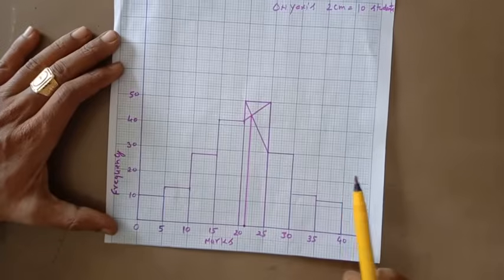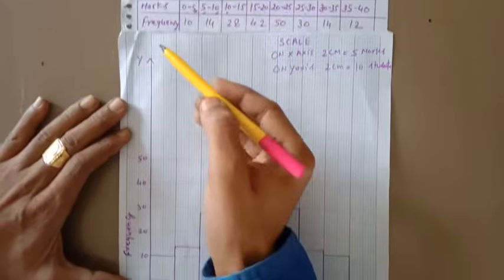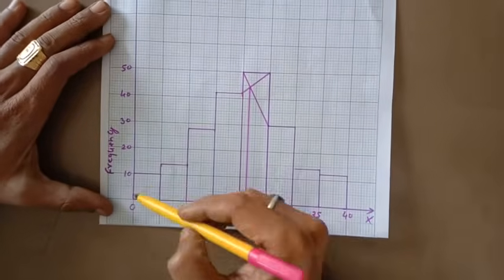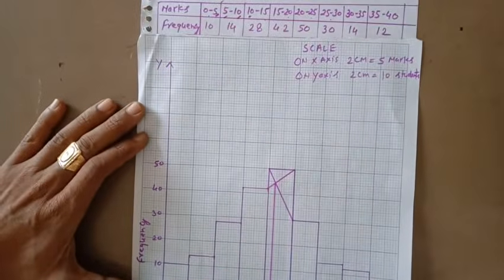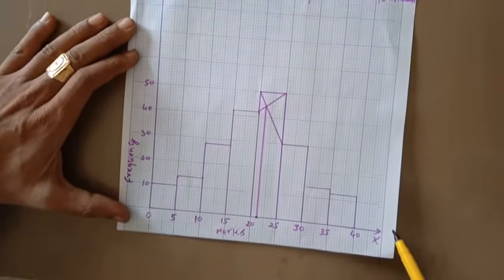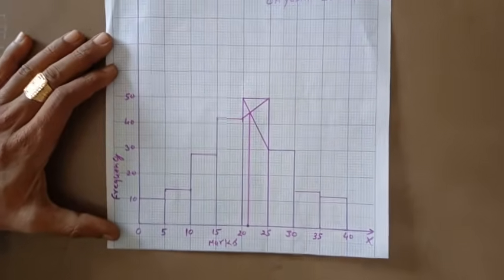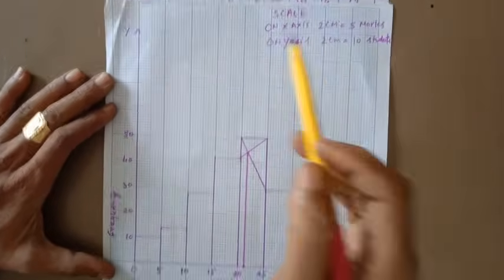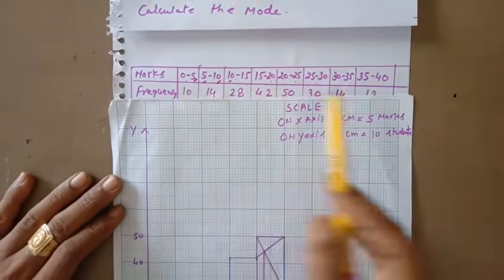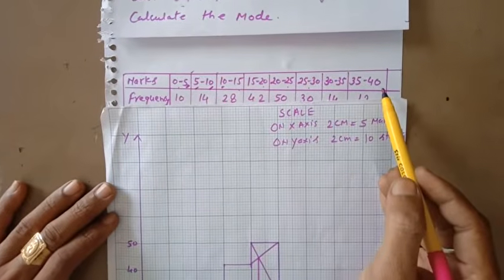To draw the histogram, first of all we draw the x-axis and y-axis. In this way we have to cover the maximum of the graph paper in the exam also. Now you see here given 0 to 5, 5 to 10, the maximum is up to 40.